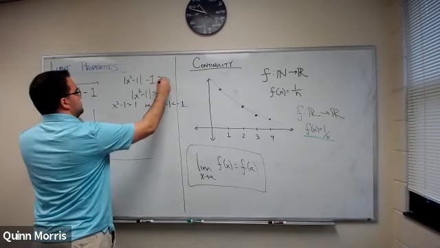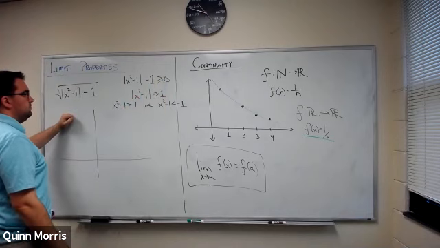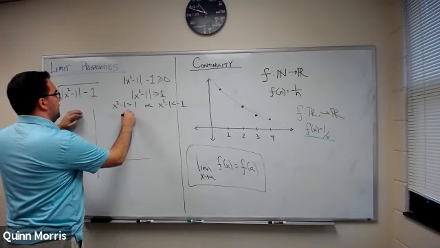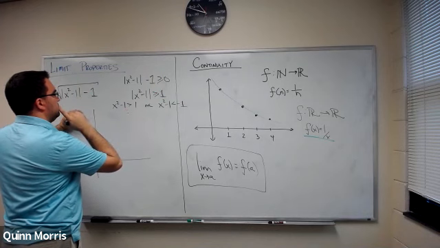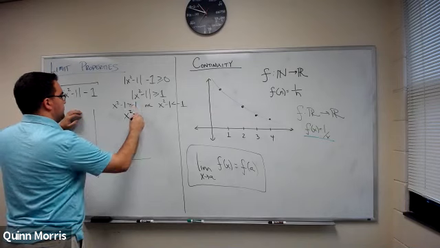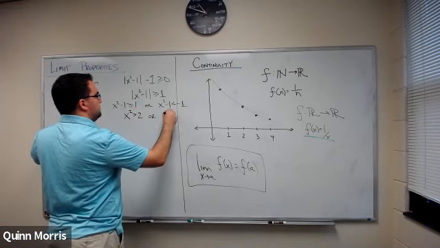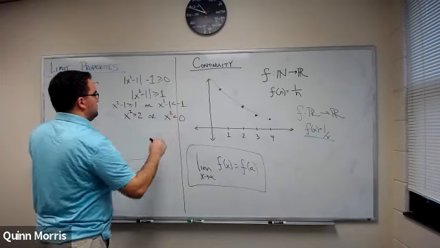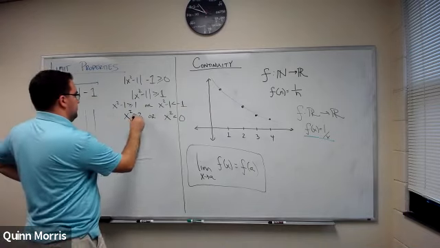And sorry, actually, these should have equalities here, just to be careful. So when will this happen? This will happen when x squared is greater than or equal to 2, or when x squared is less than or equal to 0.